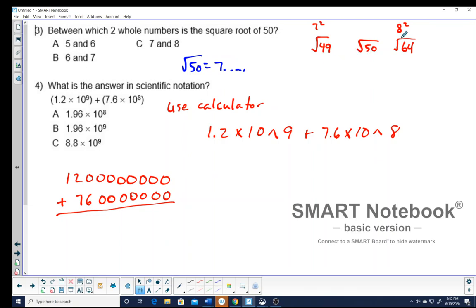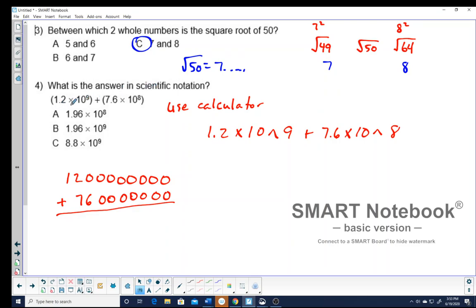Or another way to think about it is, if you're taking the square root of 50, think about the two perfect squares that it's between. The perfect square less than 50 is 49, so the square root of 49 is 7. And the next perfect square after 50 is 64, because the square root of 64 is 8. So you know then that the square root of 50 has to be between 7 and 8. C is your answer.